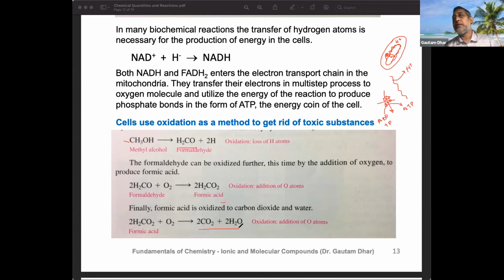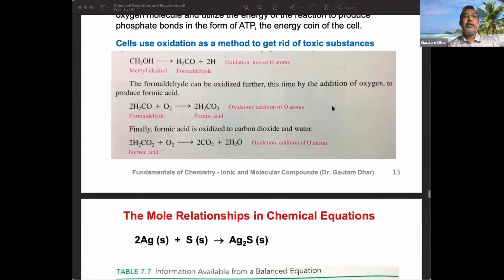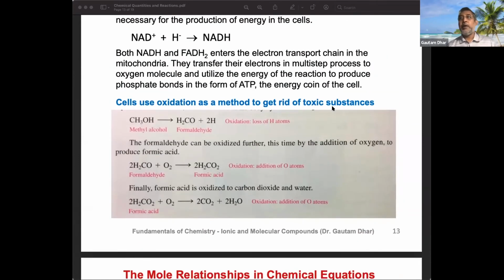So these are also used as a defense mechanism in our body. That's the importance of redox reactions. You will learn more of this in biology classes, but if you understand the chemistry, you'll appreciate more what it is doing. It's an amazing thing, right?